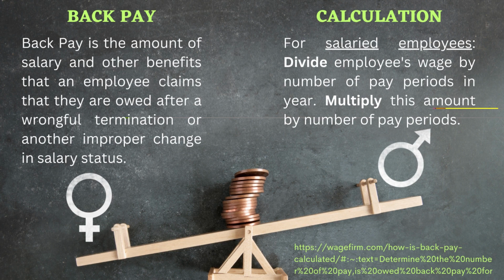Now, remember, the calculation for salaried employees may be different from the calculation for hourly employees. You always want to read the local rules and the jurisdictional rules in which the lawsuit is filed. Also, this is considered compensatory damage.